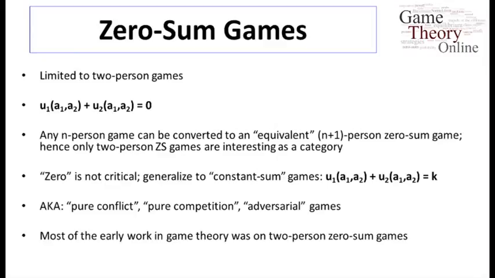And so in particular, you could take the zero and add a constant to it, and nothing has changed. And so when we speak about zero-sum games, we really mean constant-sum games. These zero-sum games are sometimes called games of pure conflict or pure competition, sometimes adversarial games, really the same sort of animal.